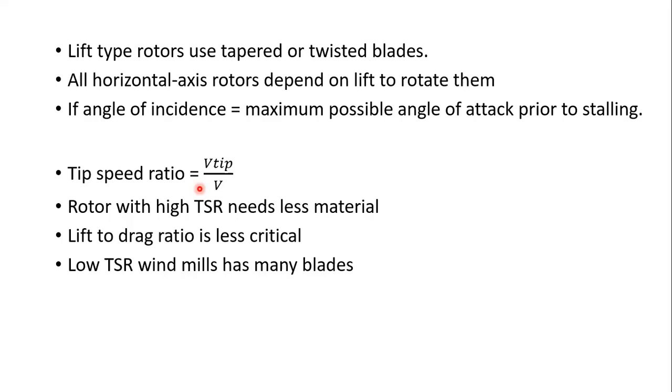As it rotates at high speeds, only a slight angle of attack at the tip is required. And a high lift drag ratio is also needed to produce a good amount of driving torque.